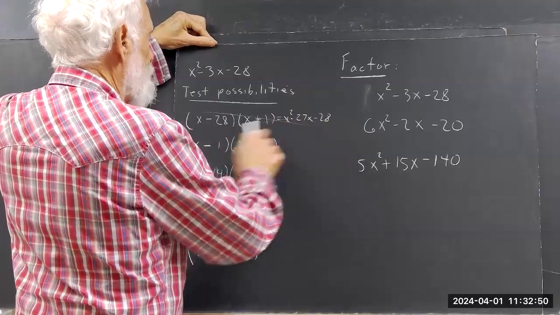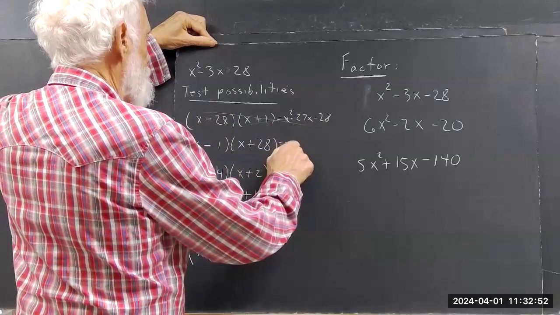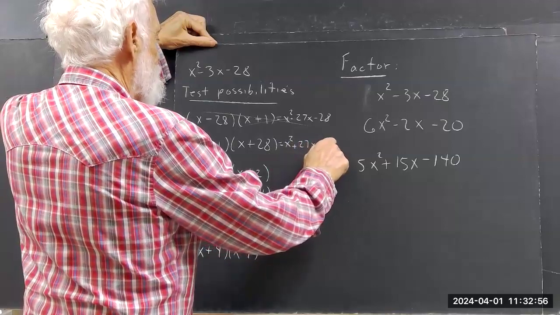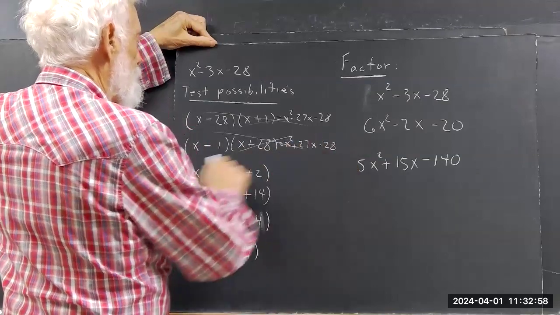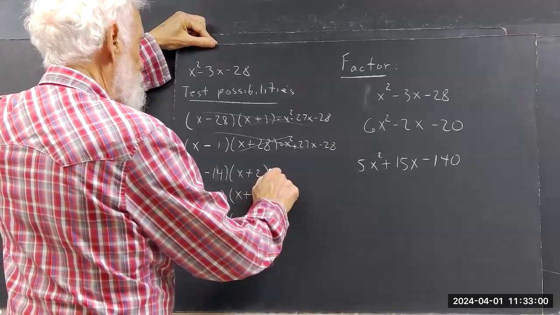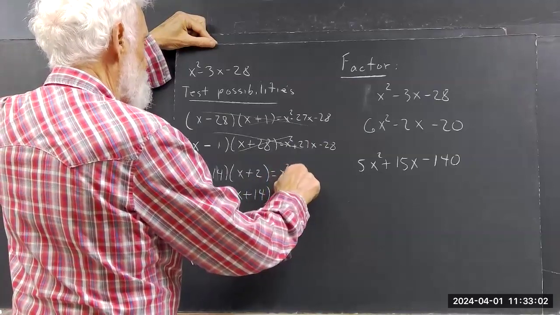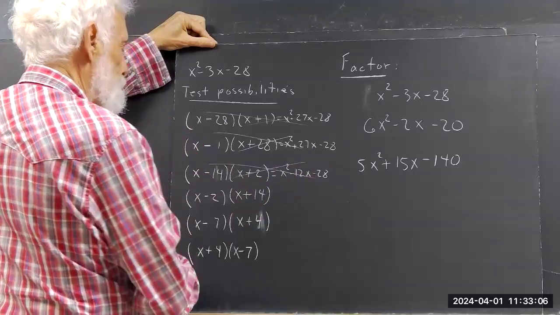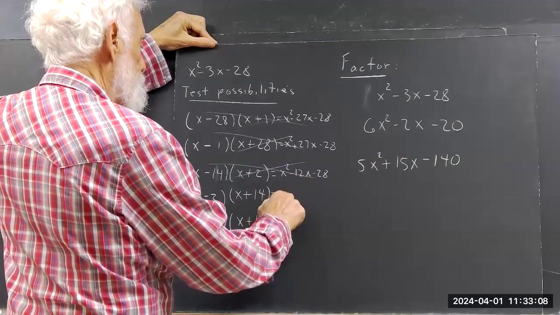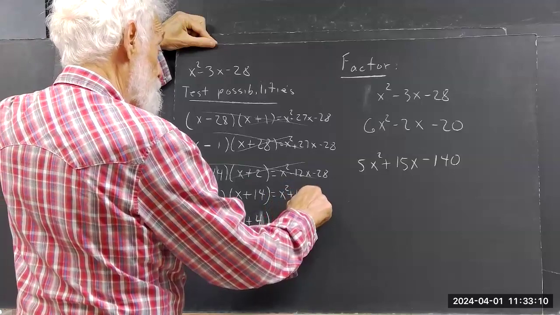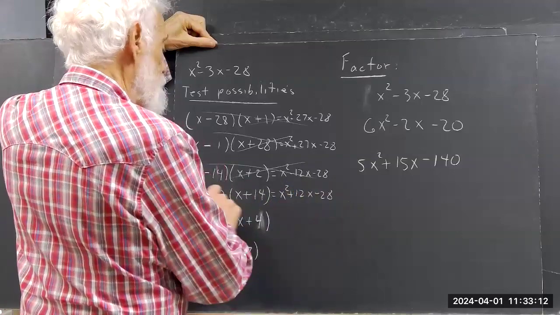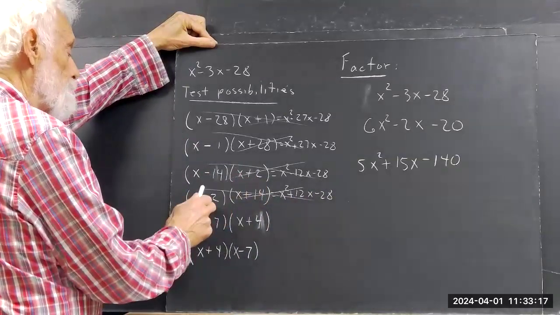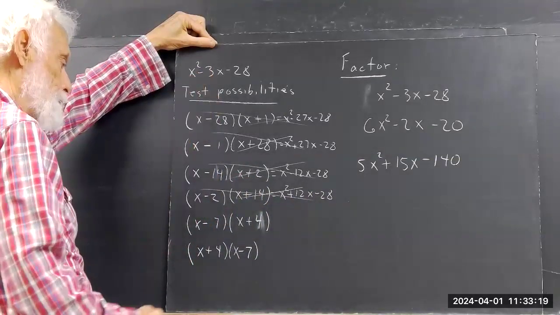So that doesn't work. This is x squared plus 0.7x minus 28. Clearly, that doesn't work. This is x squared minus 12x minus 28, and that didn't work. This is x squared plus 12x minus 28. And if we're thinking, maybe we don't even write down the ones where the plus is bigger than the minus, we have to have the minus.